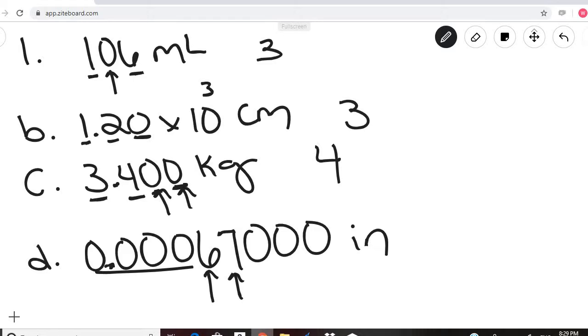These three are to the right of the decimal place, but they're not at the end. And this one is to the left of the decimal place, so it's not significant. So then what about these 3? Well, this one would be significant because it is at the end. And then these 2 would be significant because they are between two significant figures. So the answer to that one is 5 significant figures.